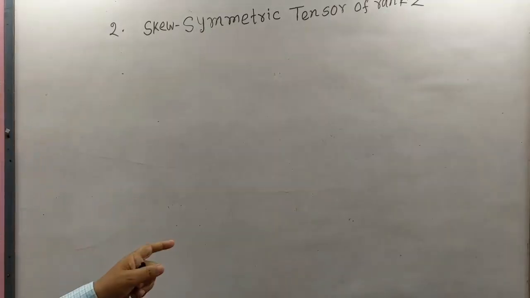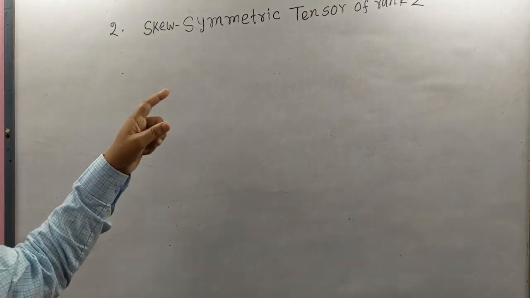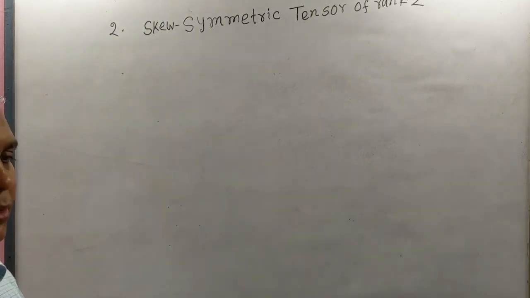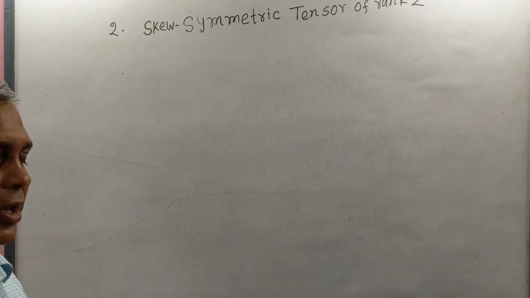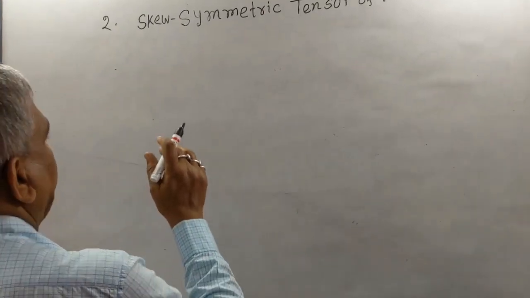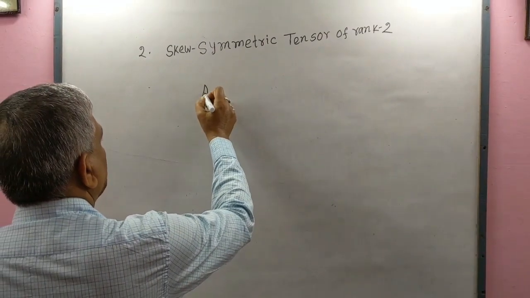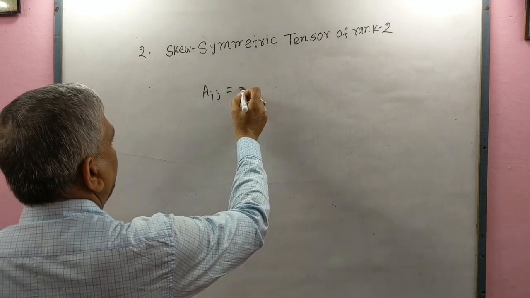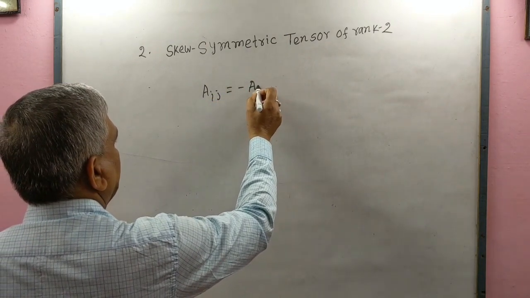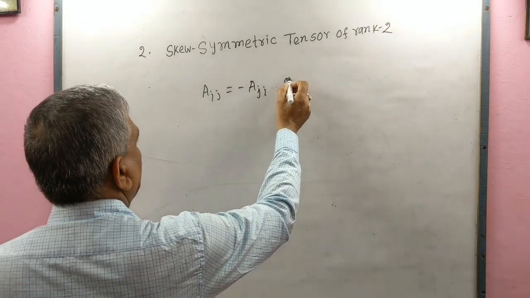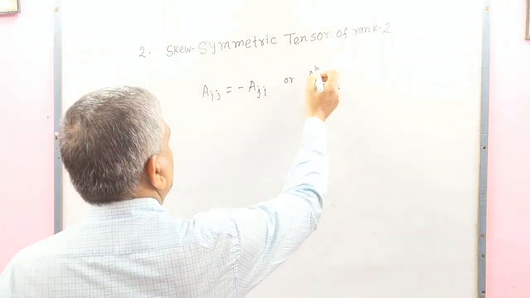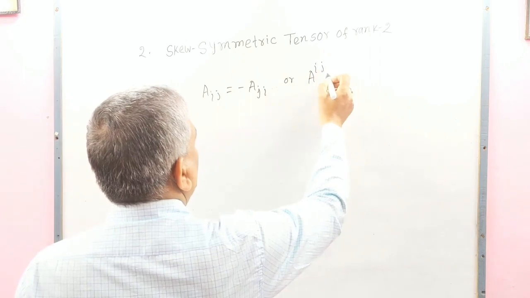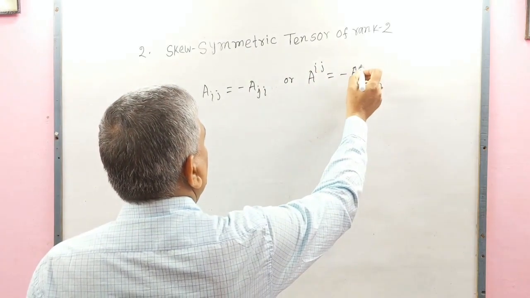Now we shall discuss skew symmetric tensor of rank 2. We also call skew symmetric as anti-symmetric. A tensor of rank 2 is said to be skew symmetric if Aij equals minus Aji.